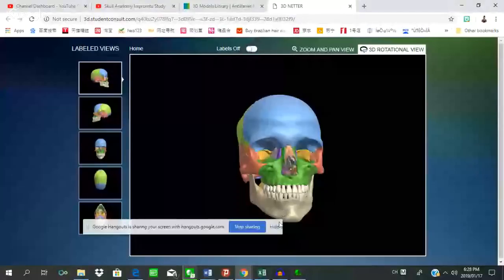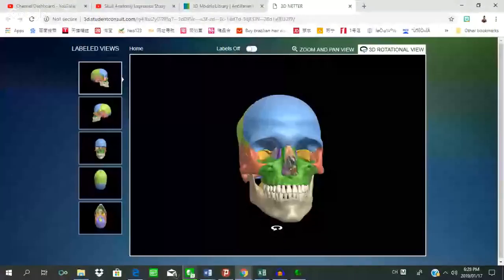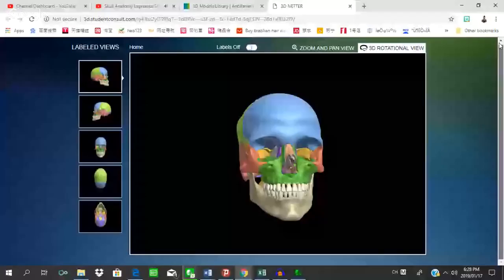So I'm mainly focusing on plates 4, 6, 8 and 15 in the 5th edition of Netter's Anatomy. So this is it. And so here we go.